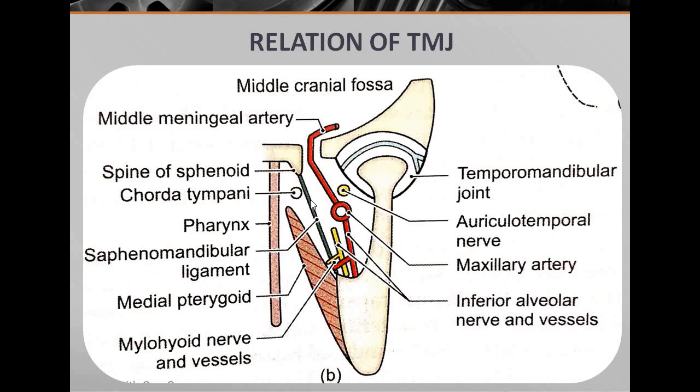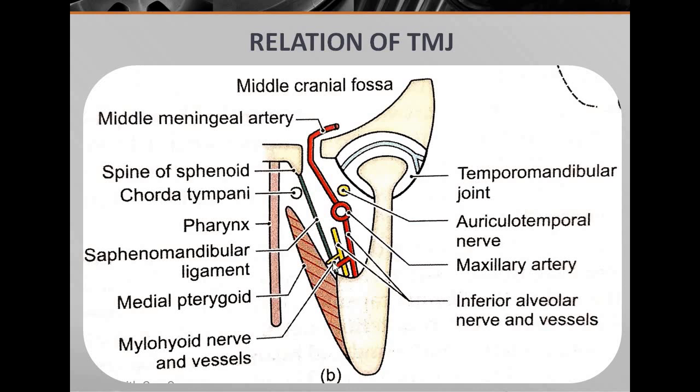Now we'll go to the relations. Laterally, it is related to the lateral pterygoid muscle, auriculotemporal nerve, and also the maxillary artery. Medially, the ligament is related to the chorda tympani nerve. Can you see here? Chorda tympani. Then the wall of the pharynx. Near its lower end, it is pierced by the mylohyoid nerve and vessels.